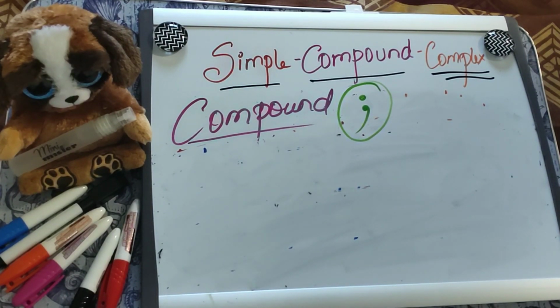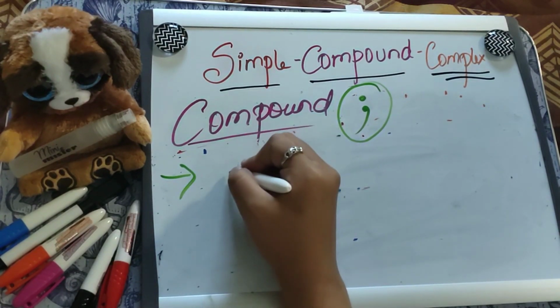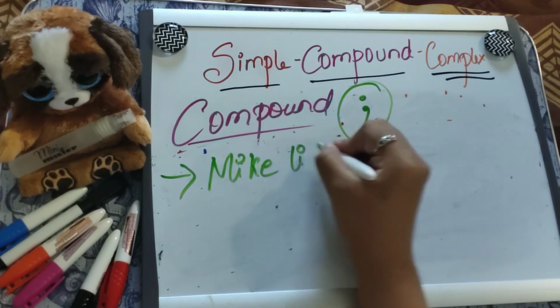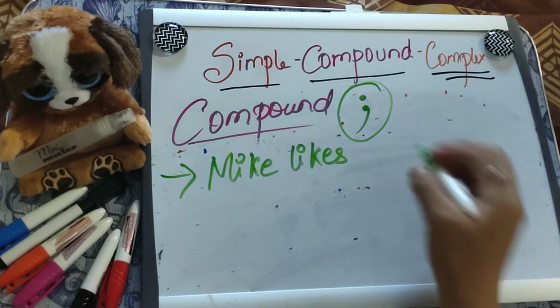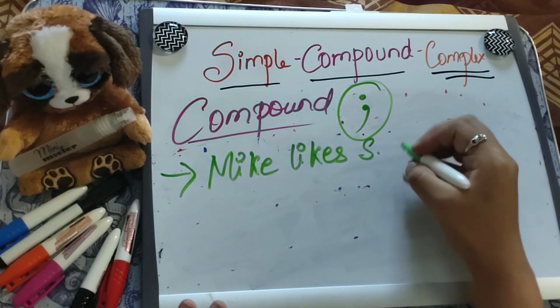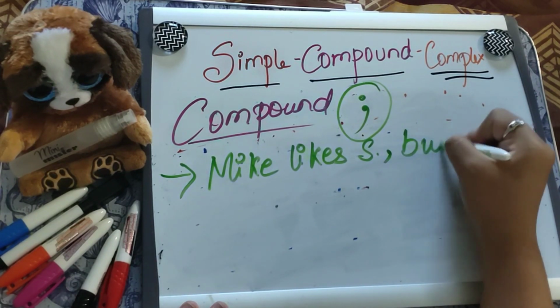So now let's start with the examples. First we will think of something that we can add with the fanboy structure. So it can be: Mike likes swimming, comma, but Holly likes singing.